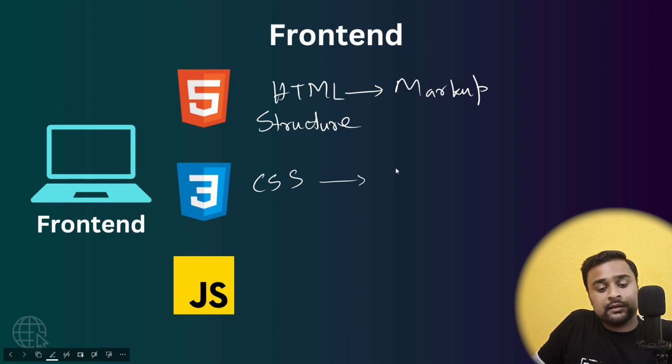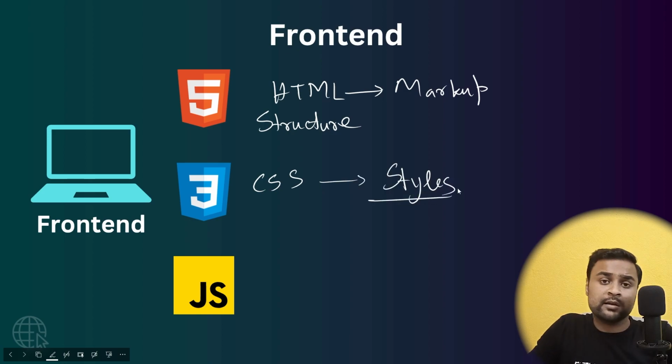It actually handles the styles for you. Styles mean what should be the color of the background of your web page, what should be the color of the button background, what should be the color of the text in your website. This actually can be decided or changed from CSS. So CSS is a very important tool for styling, or you can think of this as a style agent.